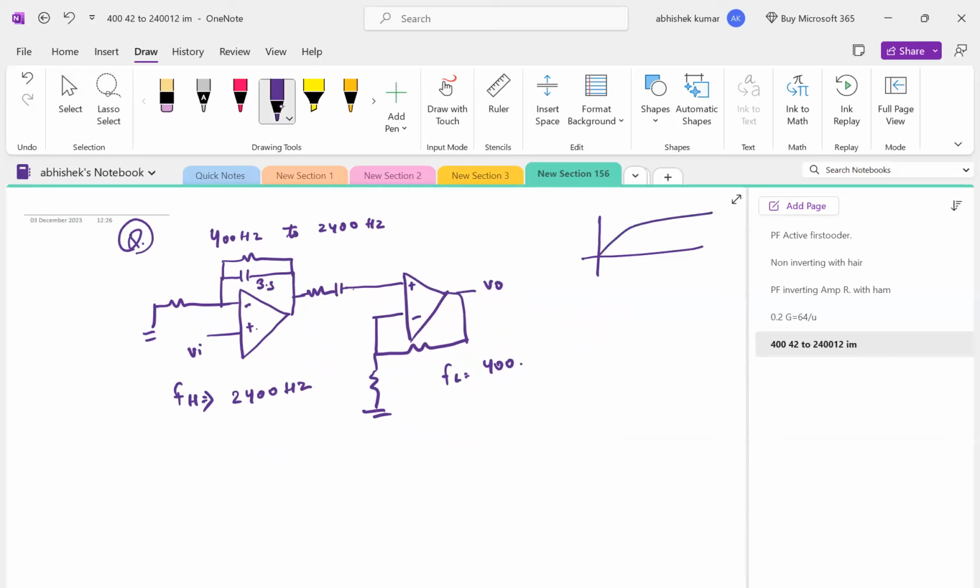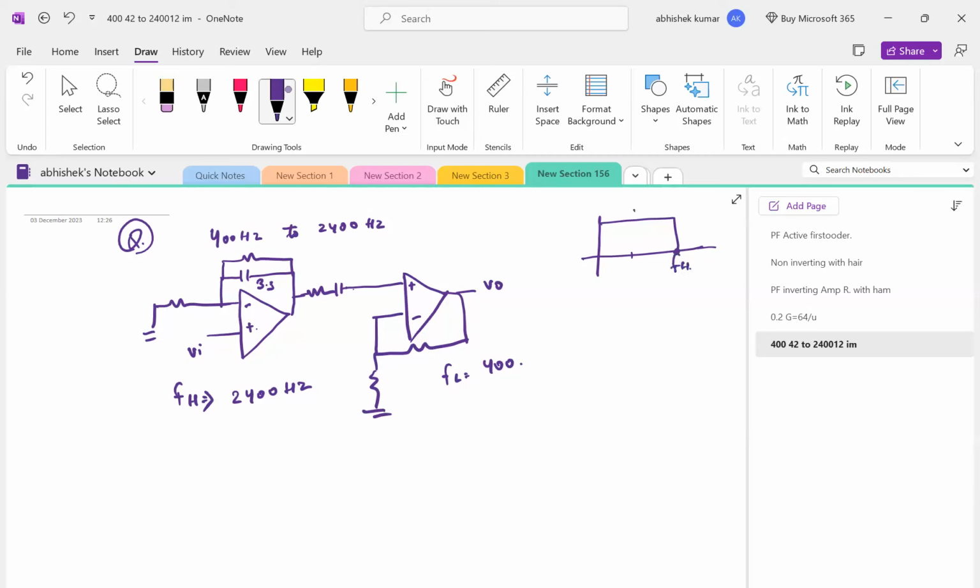A low pass filter will attenuate after some value, and that value is the high frequency value, FH.